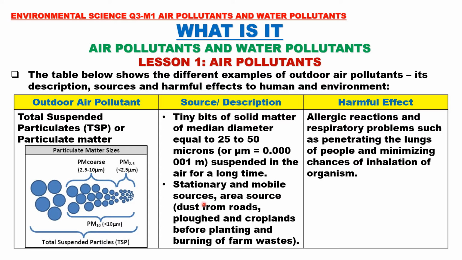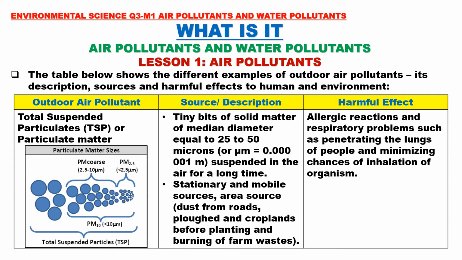Sources: stationary and mobile sources, area source, dust from roads, plowed croplands before planting and burning of farm waste. So what is the harmful effect of TSP? Allergic reactions and respiratory problems, such as penetrating the lungs of people and minimizing chances of inhalation of organism.